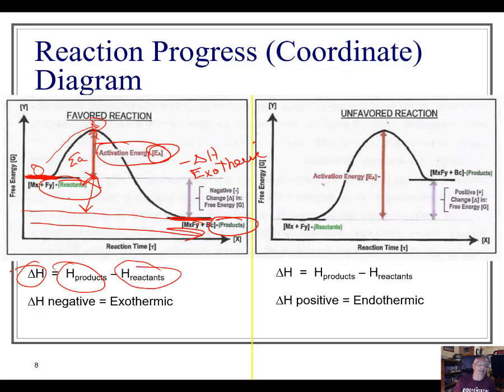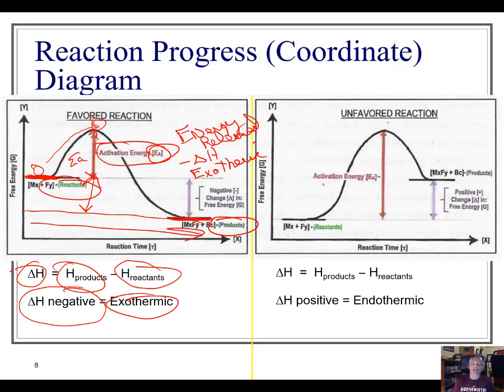And you can see that the reactant enthalpy is higher, a larger value than the product energy. So when we measure that delta H, we're going to come out with a negative delta H, and that's indicative of an exothermic reaction because our reactants have given up heat. Energy has been given up or released.